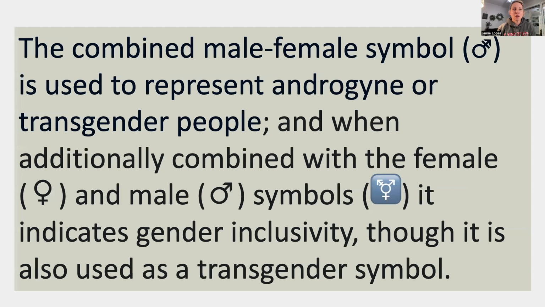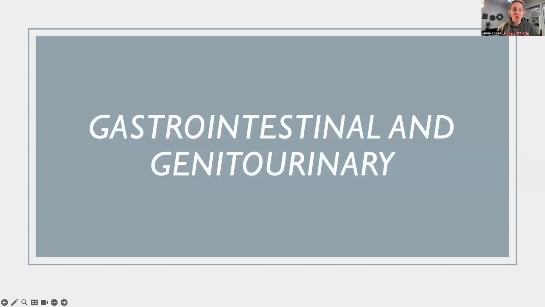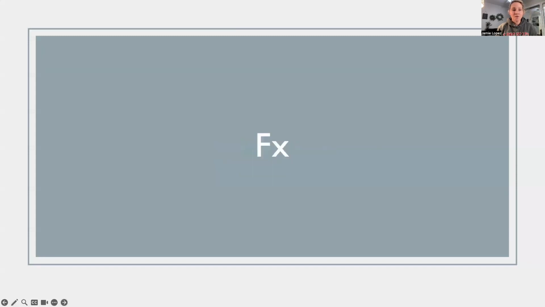And so the combined male-female symbol you see there is used to represent androgyny or transgender people. And when additionally combined with the female and male symbols, it indicates gender inclusivity, though it's also used as a transgender symbol. GI and GU, this is gastrointestinal and genitourinary.